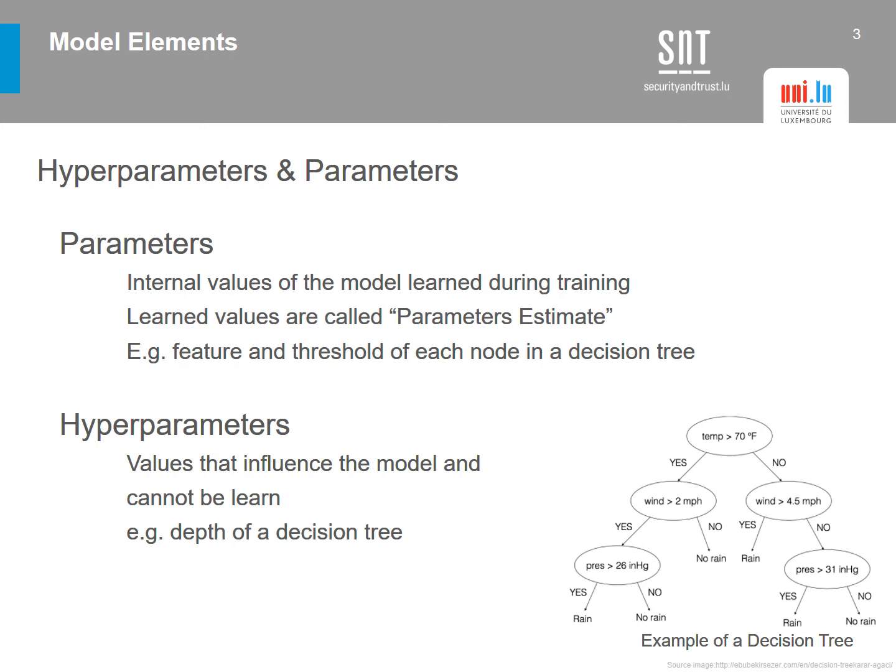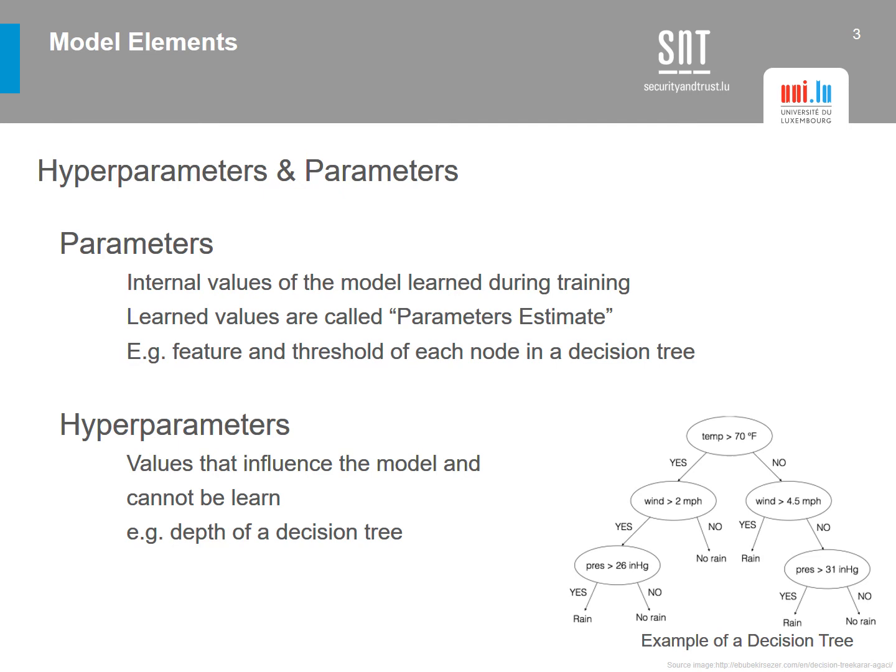And with the new example, we will evaluate the values of each node with the help of conditions, whether true or false. In the example of decision tree here, let's say the root node condition is true. So we traverse towards the left, and then we will evaluate on the left child if the wind is more than 2 miles per hour. If it's less, we explore the right hand side.